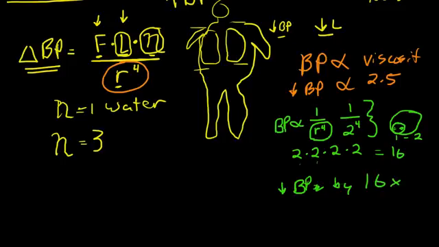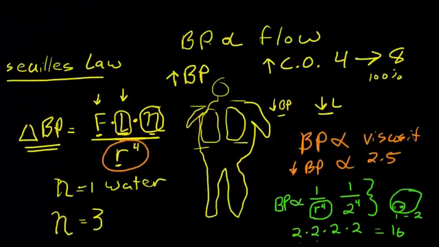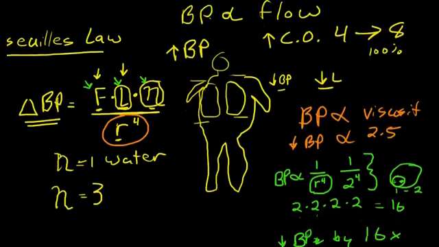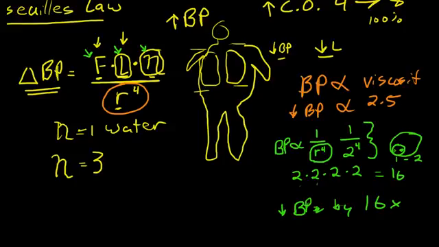So this is really important to understand. All the other factors in this equation, blood flow, vessel length, and viscosity, are directly proportional on a 1-to-1 basis, whereas radius is inversely proportional to a power of 4.